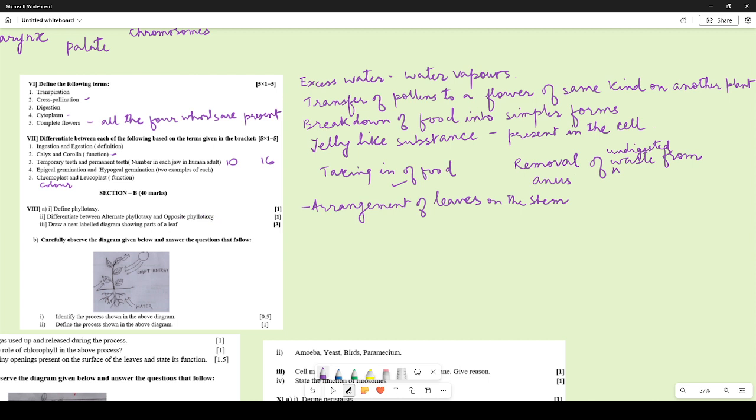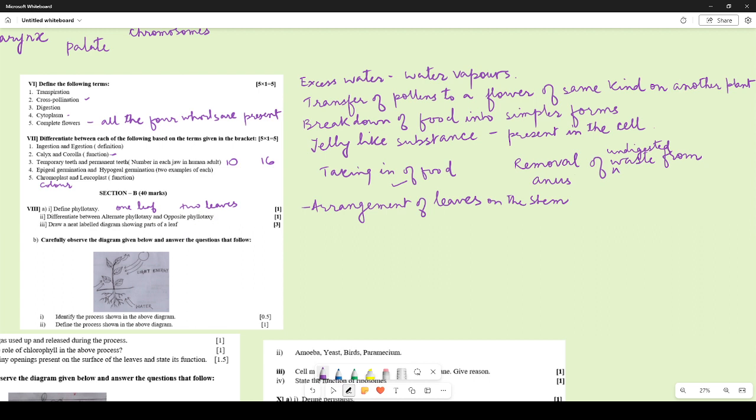No, that will get you a 0 because it is already mentioned over here that you have to distinguish between what is alternate and what is opposite. So what you have to write is that on each node in alternate phyllotaxy, one leaf is present, whereas in opposite phyllotaxy on each node 2 leaves are present. If you have written this, then only you will get marks, otherwise you will get a 0.